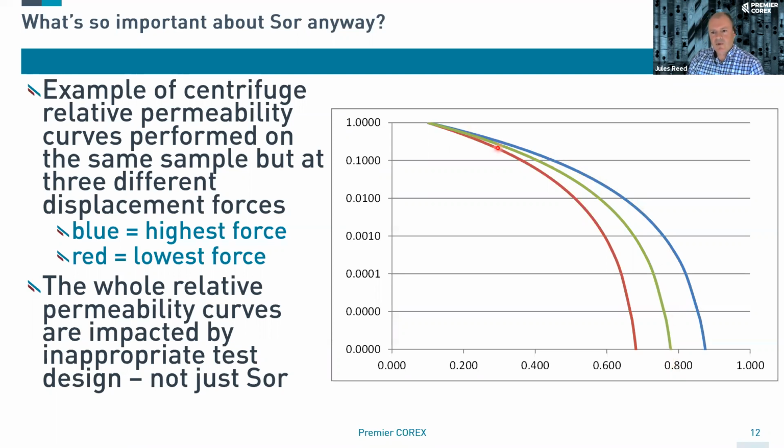It's actually the whole curve that has been impacted. And so by incorrectly understanding SOR, we may also be suppressing relative permeability. That will ultimately impact our fractional flow curves, and that's going to impact all of our simulated data.